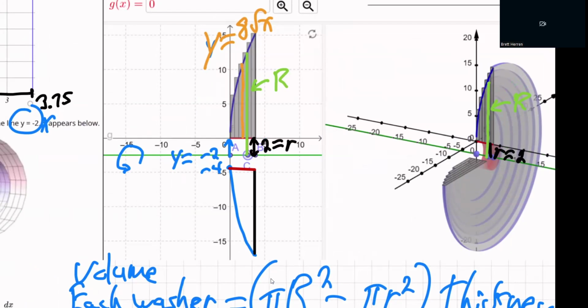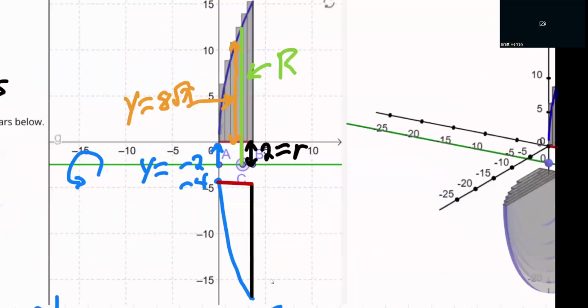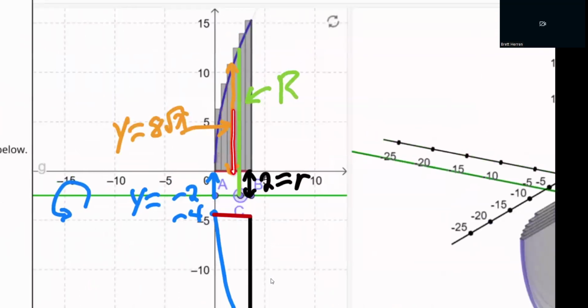Y is the height from there to there. Let's write that right down here. That right there is y equals 8 square root of x. Why? Because, be clear what x and y mean on a graph or an equation. Y is from the axis up to the curve.